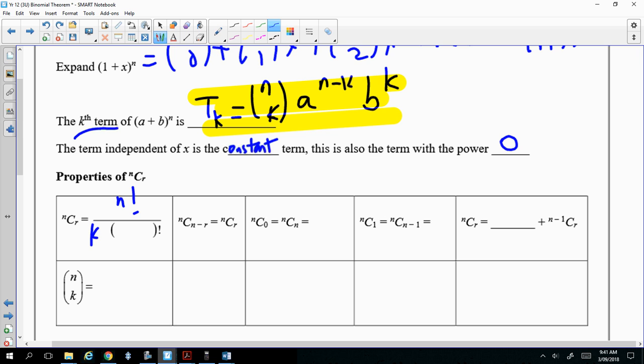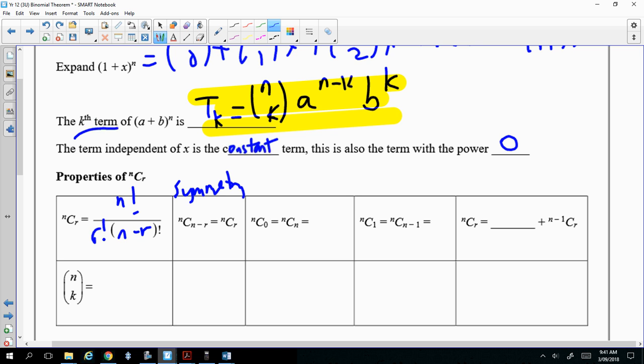And then you also have the symmetrical property, on page 35. And then we also have this one that equals n, and we did that earlier, n minus 1 C r minus 1.